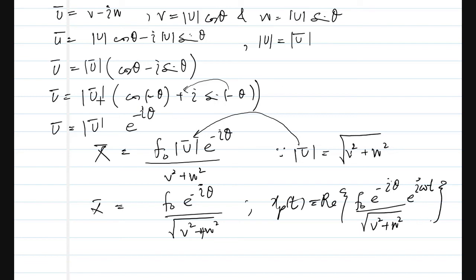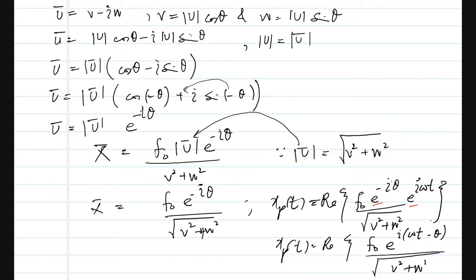We know from basic mathematics that if the bases are the same, the powers can be added. So both e powers can be added, and you end up with x p of t as the real part of f naught e to the power iota omega t minus theta, divided by square root of v square plus w square. Clear? Just take iota common from both terms, with omega t as the first term and theta as the minus term, because theta has a minus sign, so you can write like this.